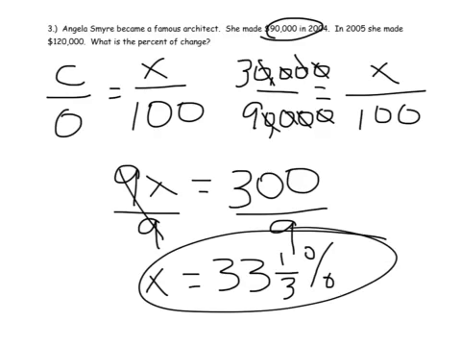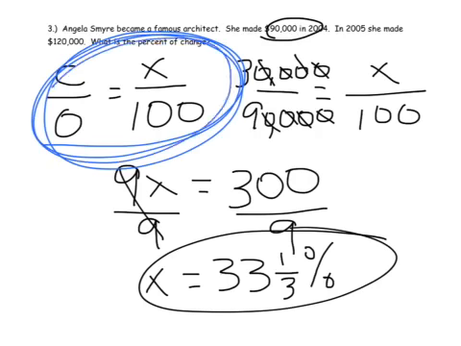So very similar to everything we've been doing. Set up that proportion and then solve. The big thing, and you don't want to forget, is setting up that proportion the right way: change over original equals x over 100. Good luck.